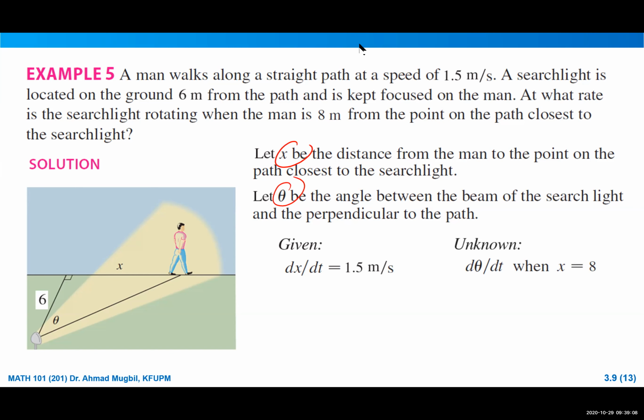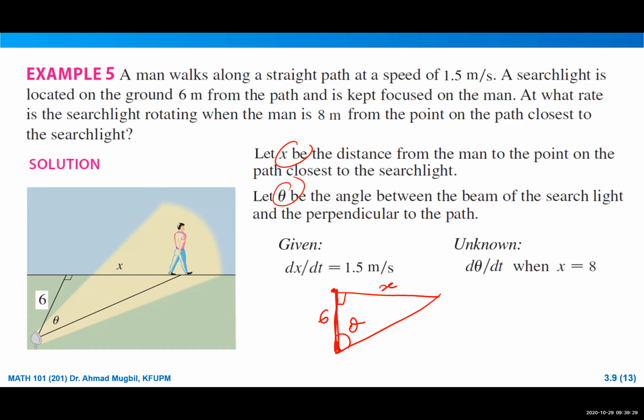Because we have a triangle, a right triangle, not just any triangle, it will be easier. So this is my theta, this is x, and this is fixed, of course. This distance will not be changed, Shabab.